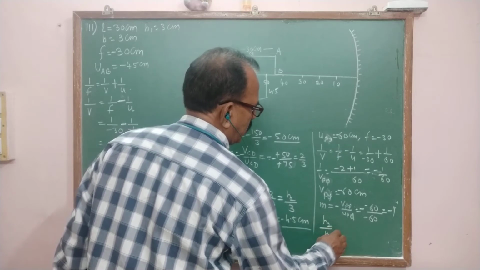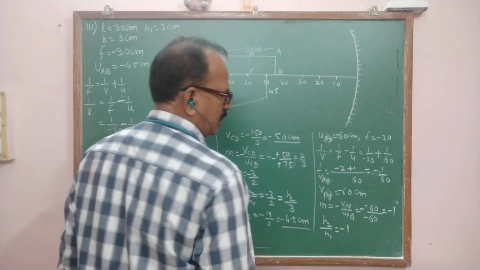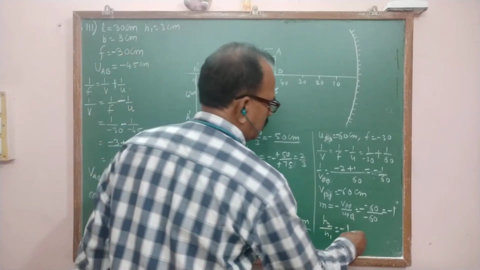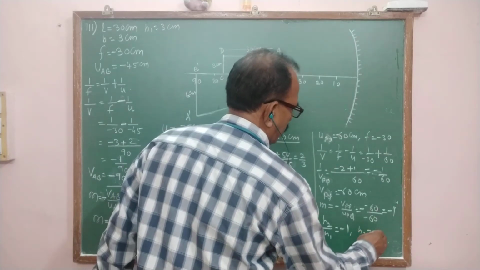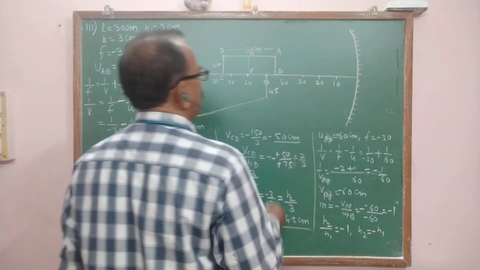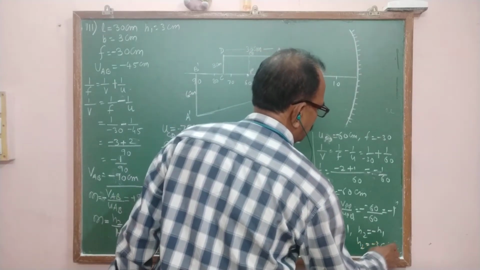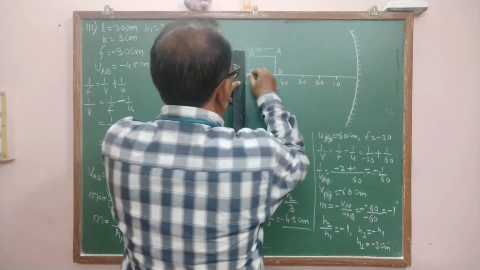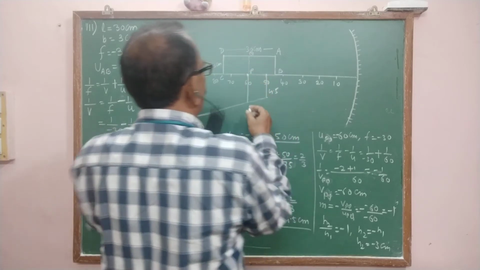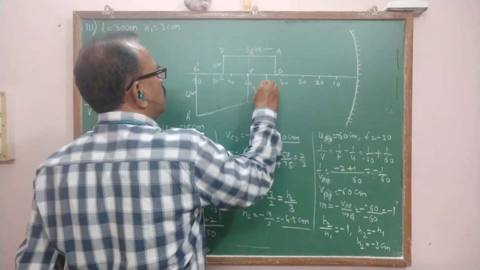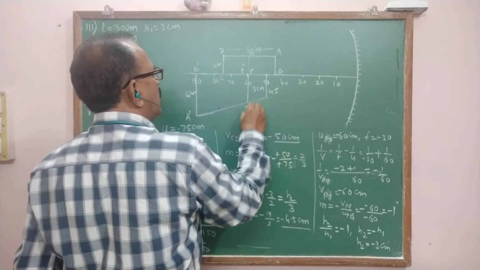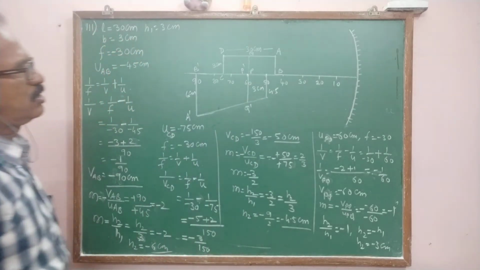Therefore H2 upon H1 is equal to minus 1. So H2 is equal to minus H1, meaning H2 is equal to minus 3 centimeter. So again the image will form here only. This will be equal to P dash Q dash.